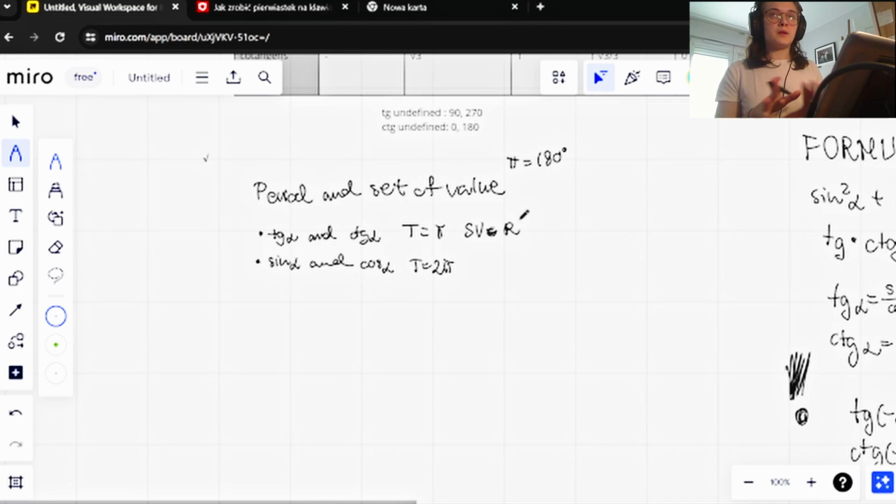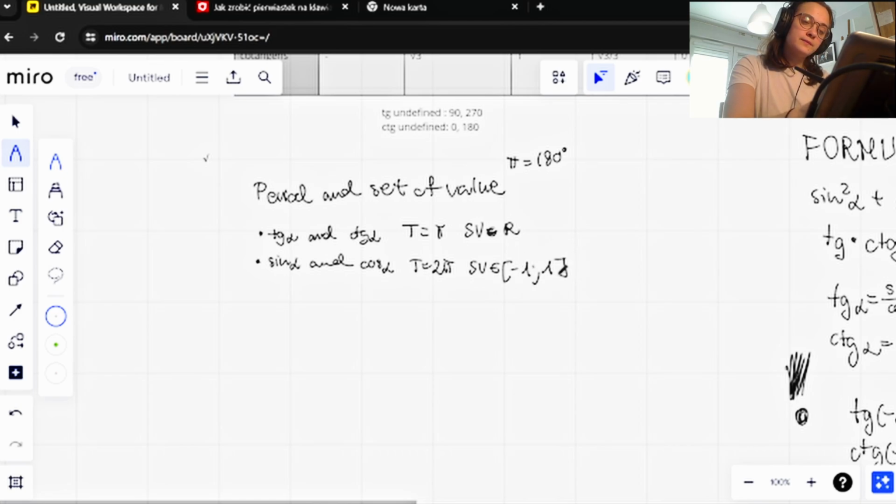And remember, the set of values is different than the definition. The set of values is y, and the definition is x, so it will go to infinity, but it won't touch a certain point. The set of values here is -1 to 1. So easy.